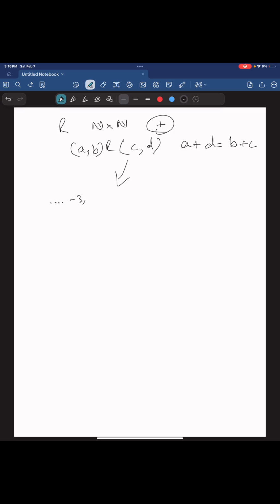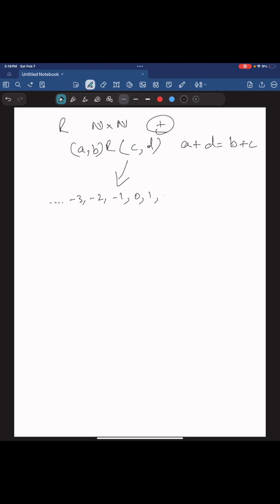So I just randomly, not randomly, it was a selective thing. We define a relation on the set of natural numbers using just addition, that a comma b is related to c comma d, say that a plus d is equal to b plus c, gives us the representation of integers.